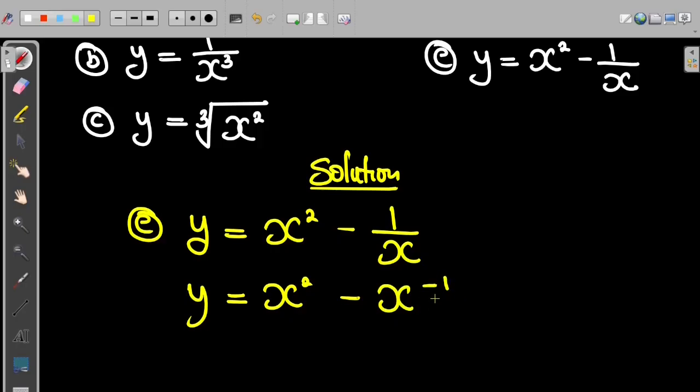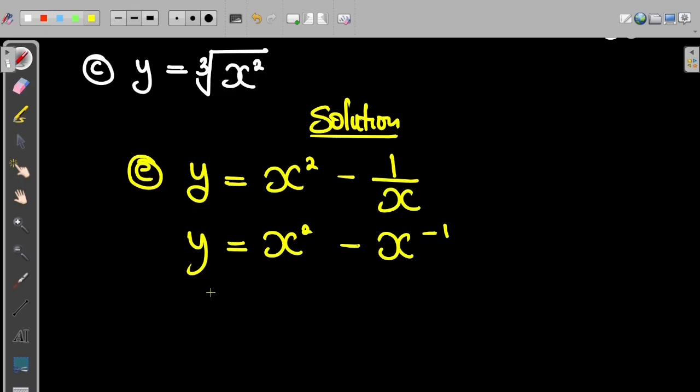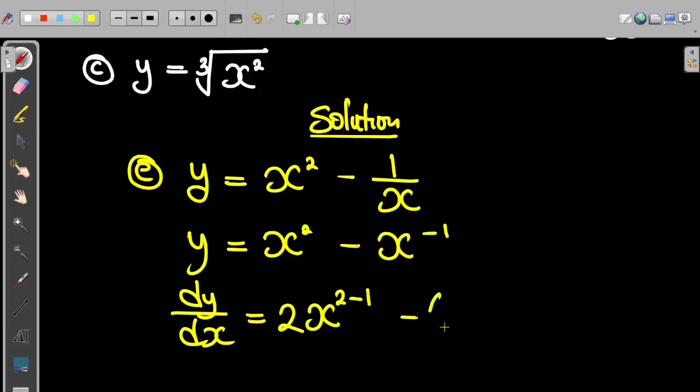So if we differentiate, we have that dy over dx will be equal to, at this point we have 2 as the index multiplied by x to the power of 2 minus 1, minus, at this point we have an index of negative 1, so we have minus 1 multiplied by x to the power of minus 1 minus 1.